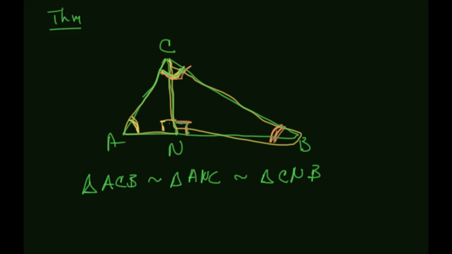Alright, so we get a couple of corollaries from this, and they're pretty useful and straightforward. The first one says that if I drop an altitude to a right triangle, then the length of the altitude is the geometric mean between the segments of the hypotenuse.